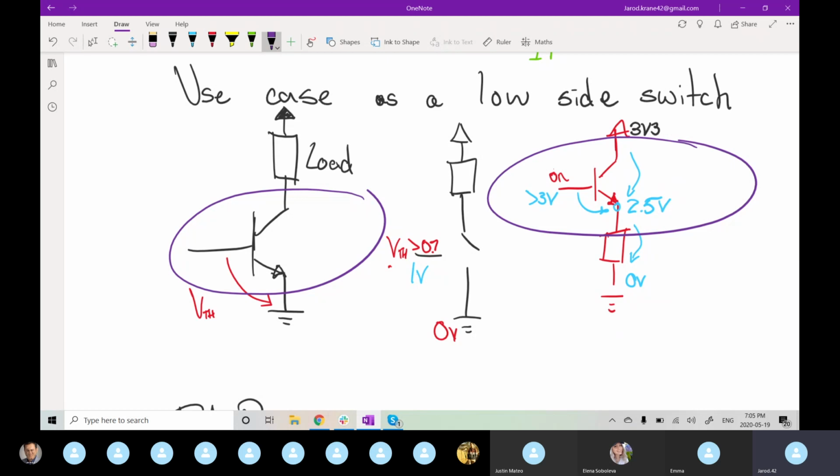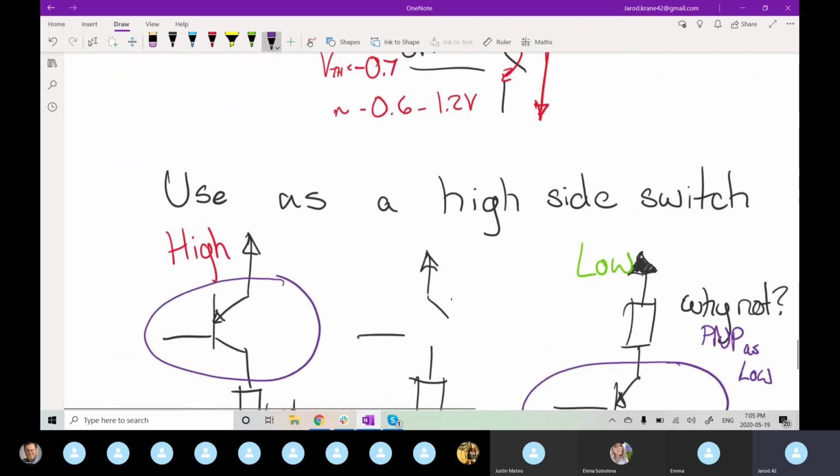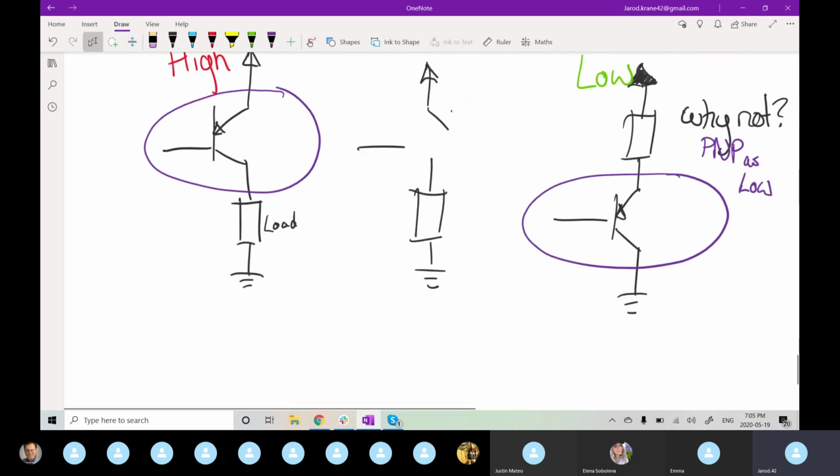But when we put it as a high side switch, we saw your emitter had a higher voltage, so your base had to have a higher voltage. Now it works basically inversely, because we want our negative voltage across the emitter to base in this case.